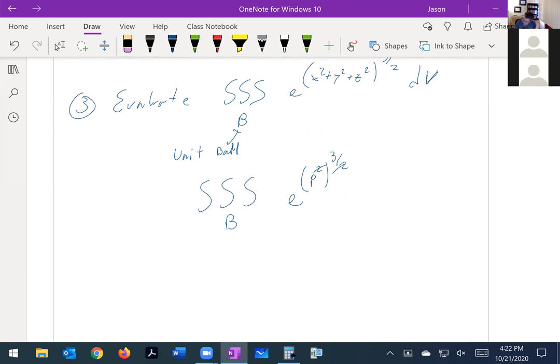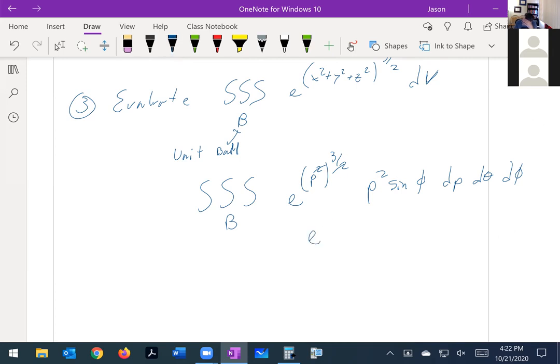But what's dV going to end up being? dV is going to end up being our conversion factor, rho squared sine phi, I think it's sine phi, yeah, d rho, d theta, d phi.